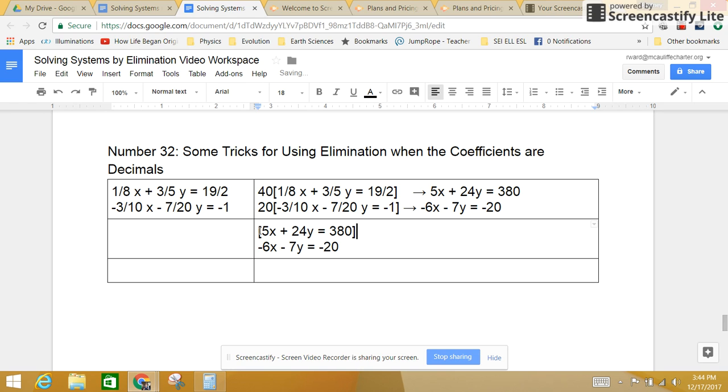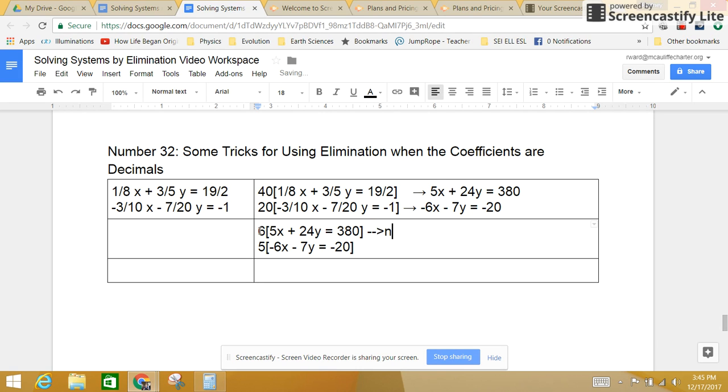The trick I'm going to use is a trick that is familiar to you with finding common denominators. The least common multiple of 5 and 6 is going to be 30. So if I multiply the 5x equation by 6, and I multiply the negative 6x equation by 5, that should do it. That should get me 30x and negative 30x.